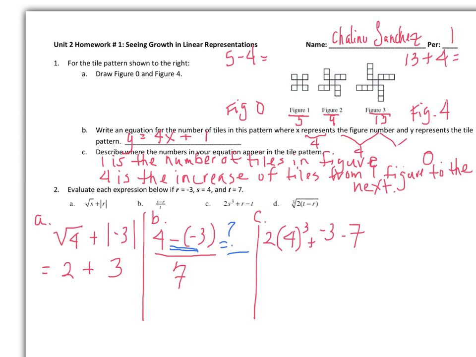I'll let you handle that. 2 times 4 cubed. Remember your PEMDAS. Handle your cube being first. What is 4 to the third power? Then multiply it by 2. Then add -3. And then subtract 7.